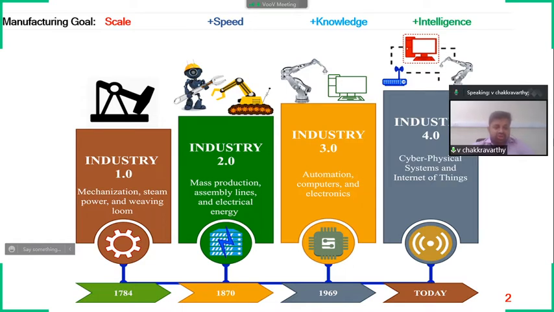All of these will be integrated so that there will be less human intervention in future, and we will get highly accurate components with minimal part rejection. That is the main motto of Industry 4.0.